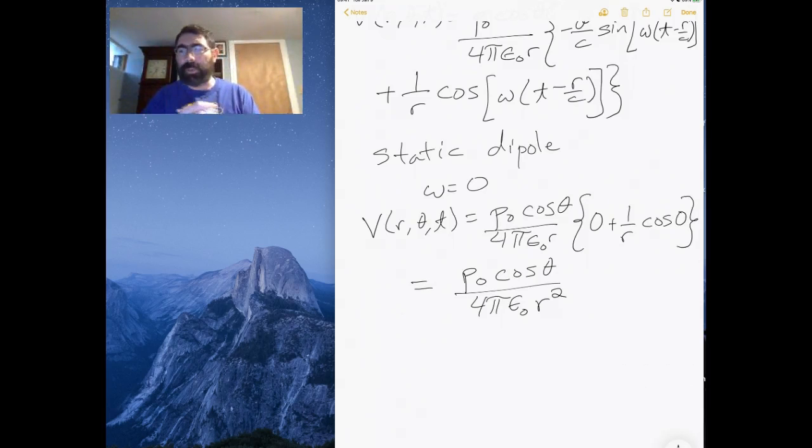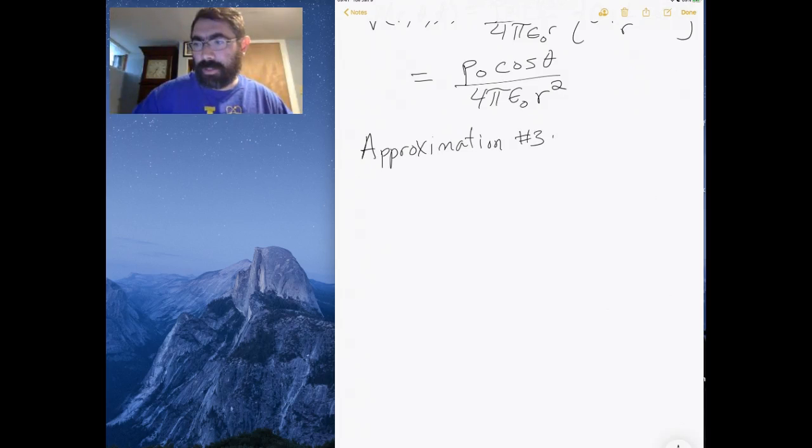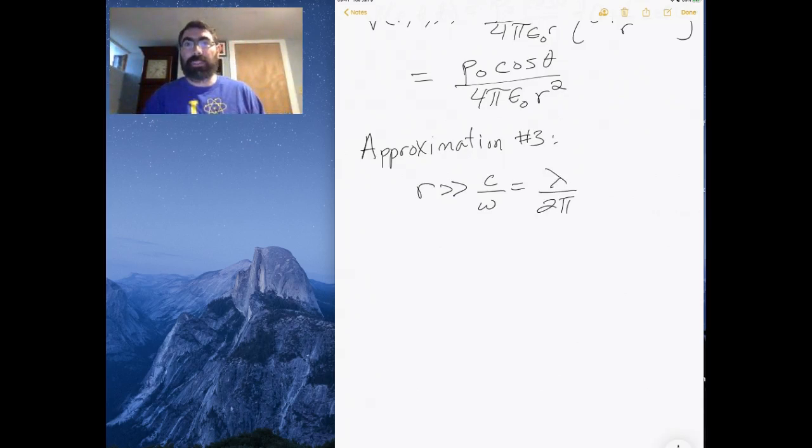Okay, so now we're going to make a third approximation. So approximation number 3 says that the distance that we're measuring is much, much bigger than c over omega, which is essentially the wavelength.